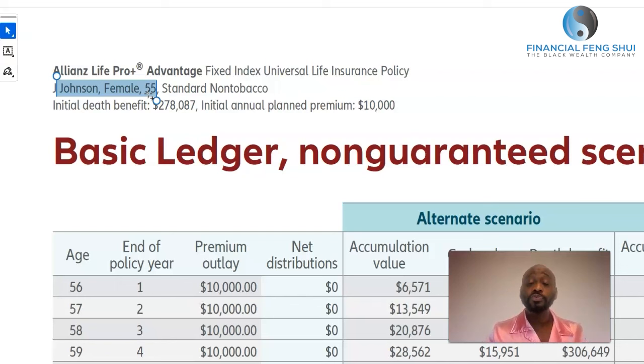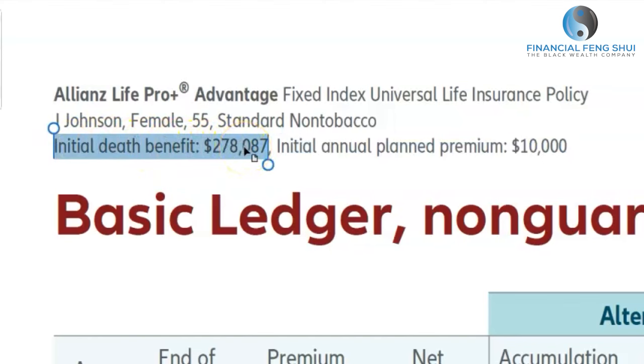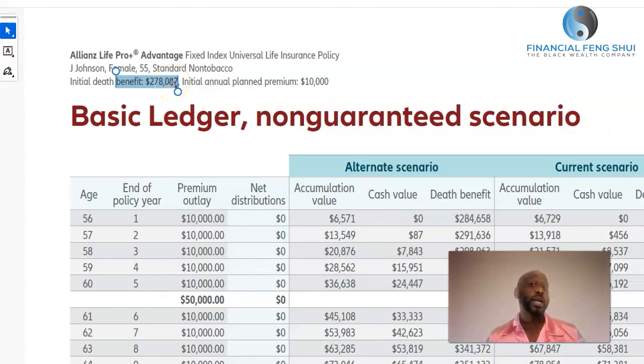In this example, this client is not a smoker, and we see that the annual investment into this policy is $10,000 per year. And we see that the starting death benefit is $278,087. Again, notice that we have $10,000 going in and a $278,000 death benefit. But remember what I just told you.